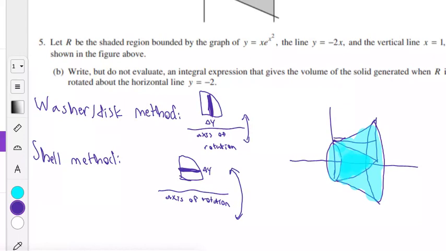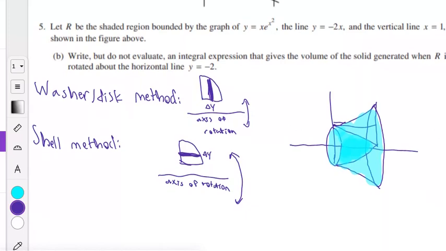In this case, we're going to use the washer/disk method because we're finding these individual radii that are perpendicular to the axis of rotation, and then we're multiplying it by pi to give us a total volume.